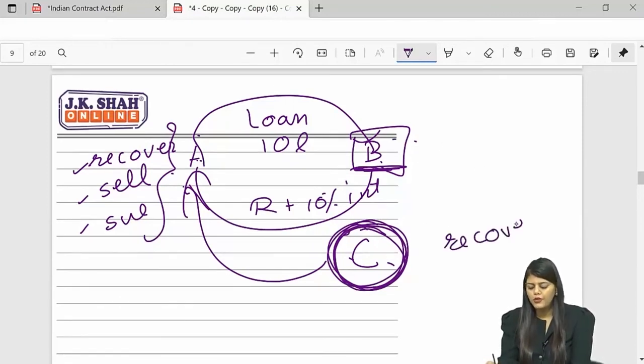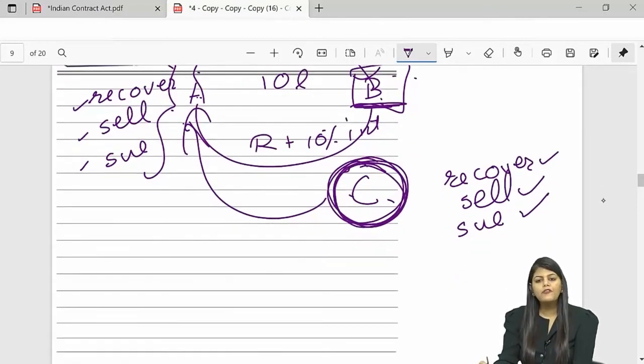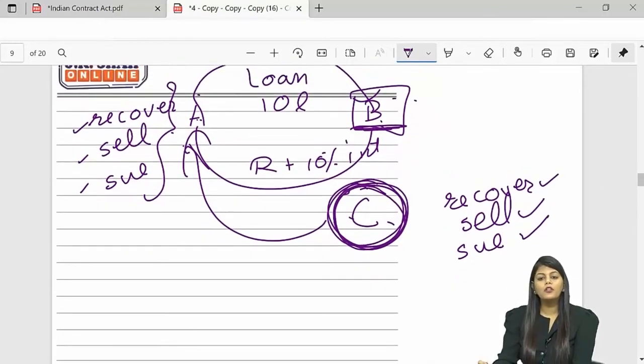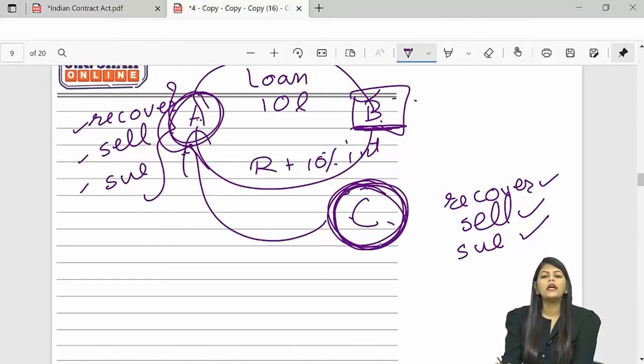Yes. So he can recover. Can he sell B's assets, if any? Yes. Can he sue B? Yes. That means if you notice, whatever were the rights available to A, the same rights are now available to C. So C is getting all the rights of the creditor.